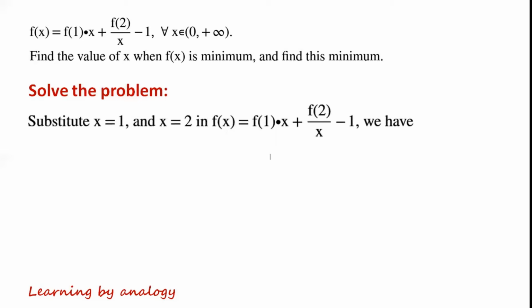We have f of 1 equals f of 1 times 1 plus f of 2 over 1 minus 1, which equals f of 1 plus f of 2 minus 1.